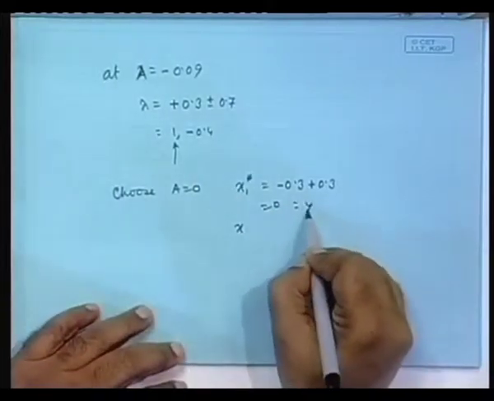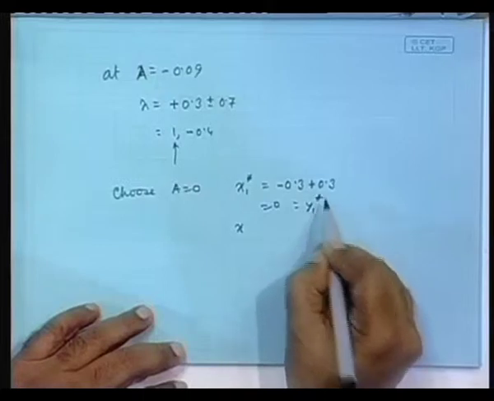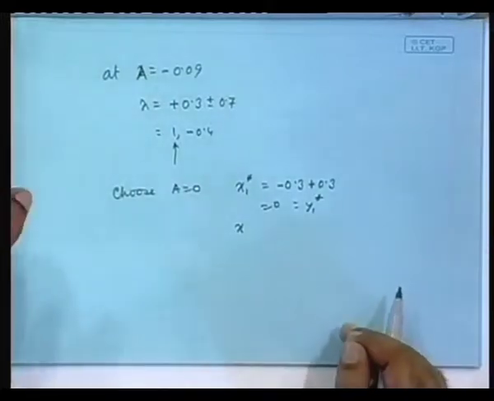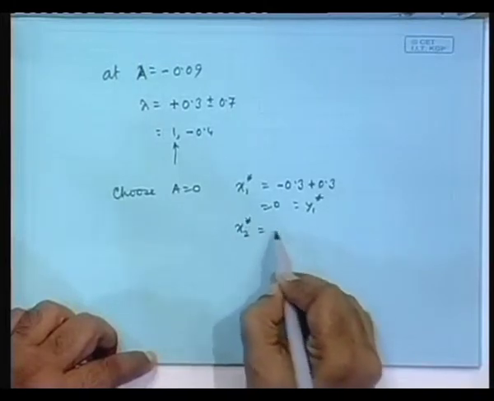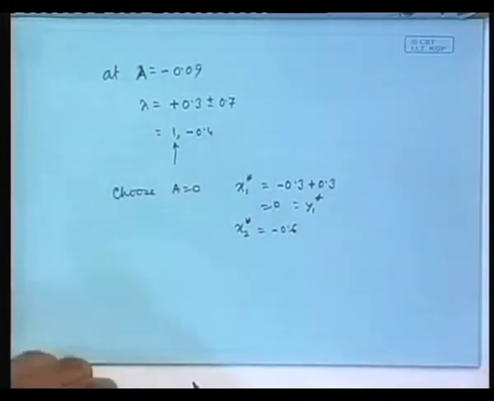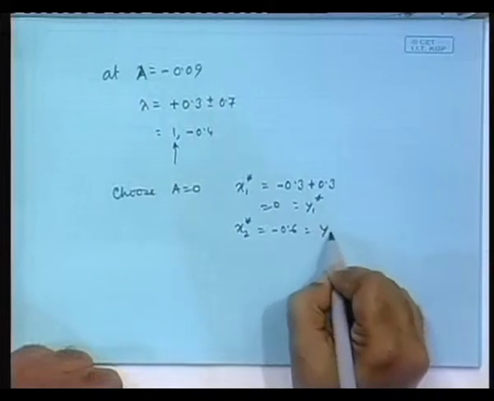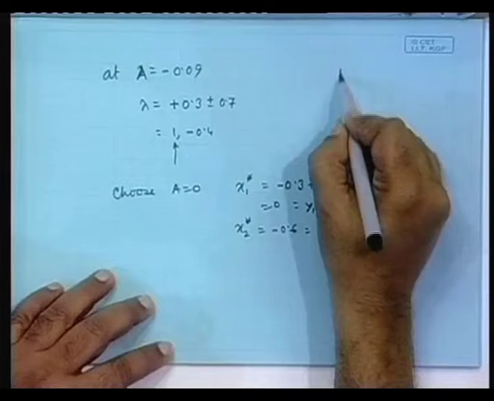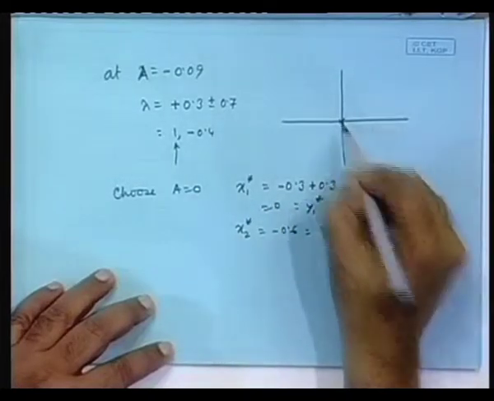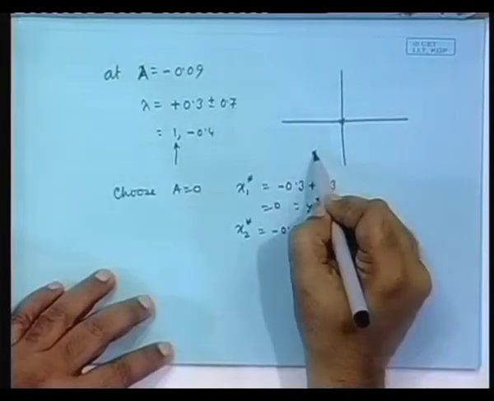This is equal to y1 star. So, one fellow is situated at the origin, the other fellow is situated at the other point. If you have this as the state space, one is here, another here.